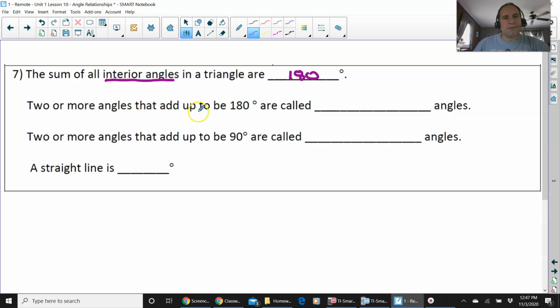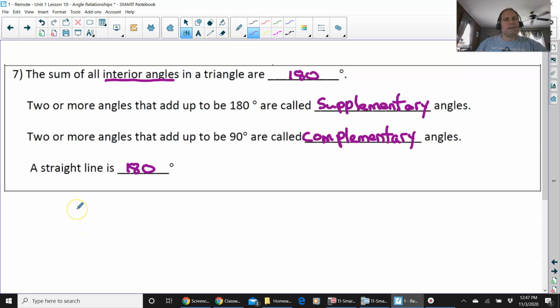Two or more angles that add up to be 180 degrees are called supplementary. Two or more angles that add up to 90 degrees are called complementary. Angles in a straight line, we know, are 180 degrees.